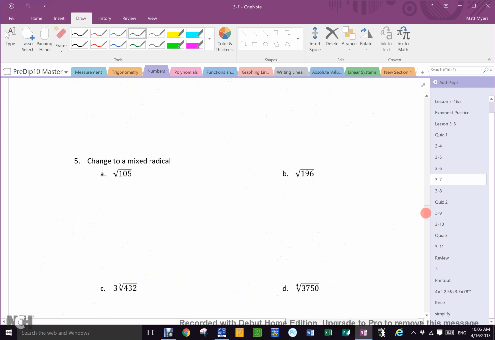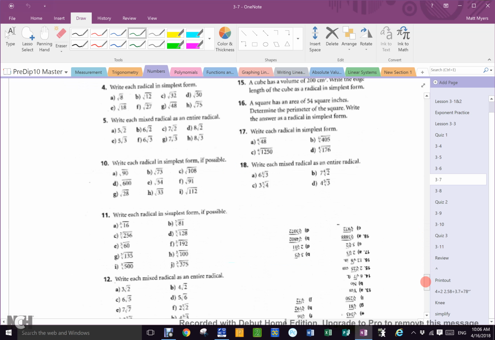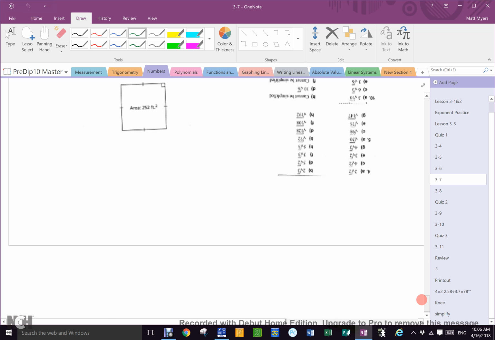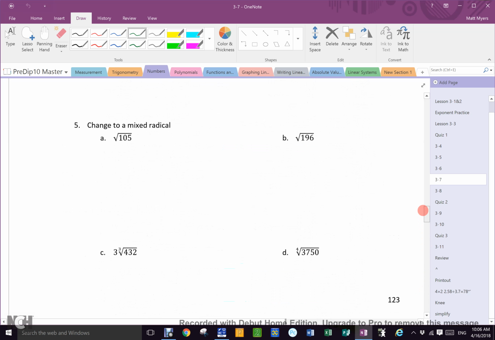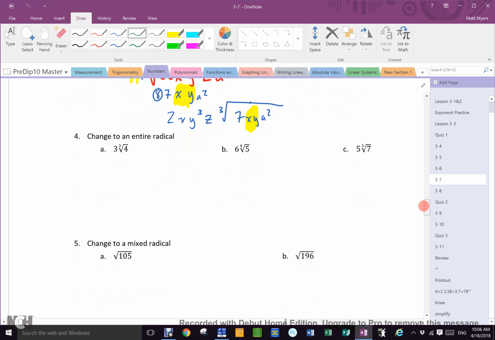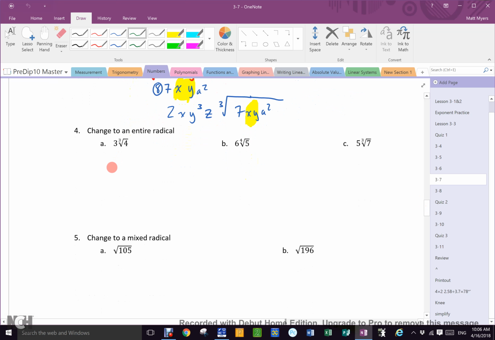I left you with page 123 and 124 and 125. 123 is the cube root of 108. That is the fourth root of 1,296 times 5.